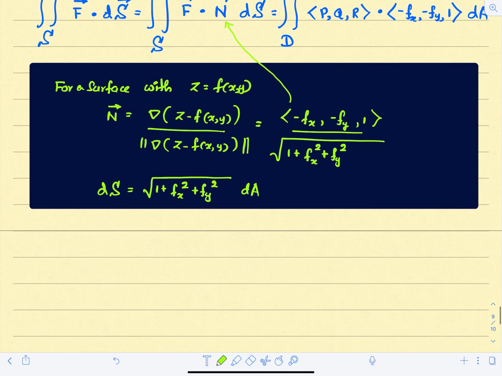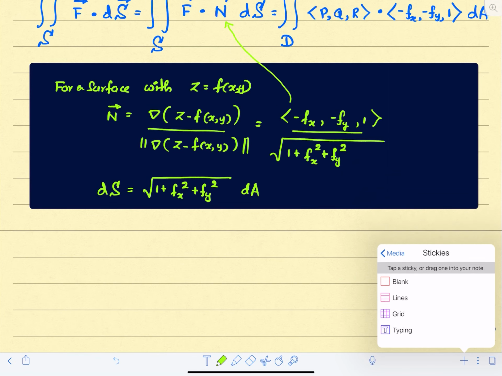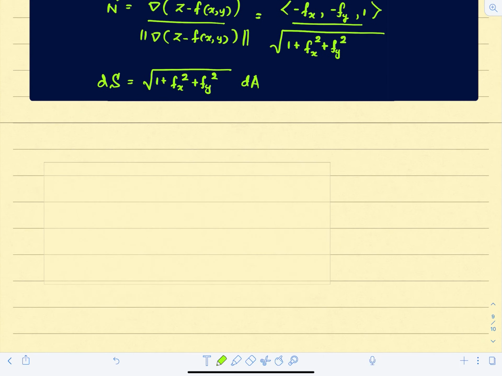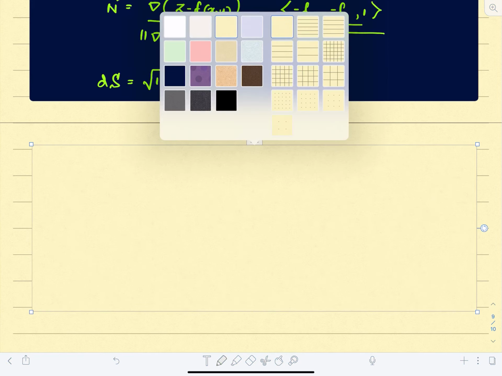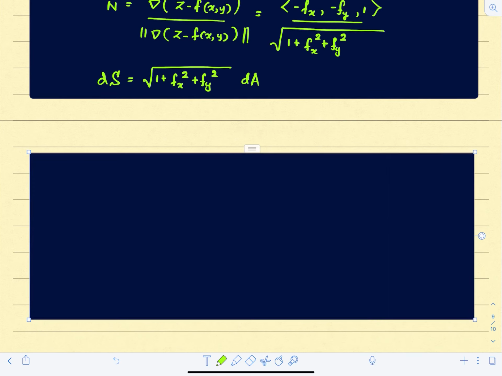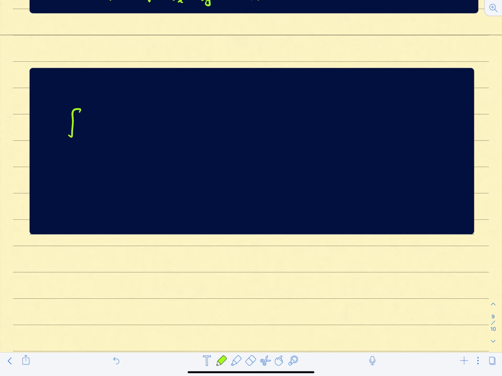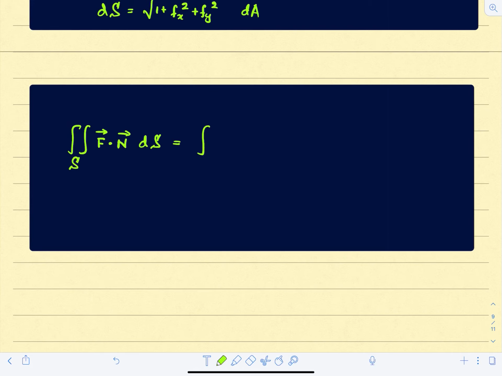Now dA is an area element on the domain D. Now if you consider the double integral over S of F dot n dS, this equals, what is your F?